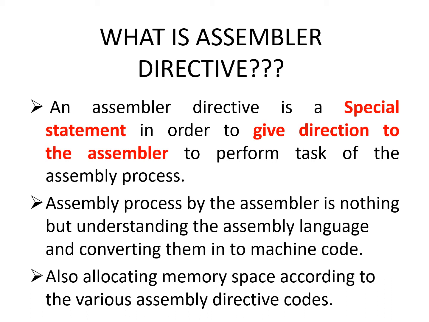Like that, it gives a space of 1 byte, 2 bytes, or 3 bytes for a particular instruction. That is what I mentioned as the third point. Also, it allocates memory space according to the various assembler directive codes. So using assembler directives, we give a direction to the assembler to perform a task.